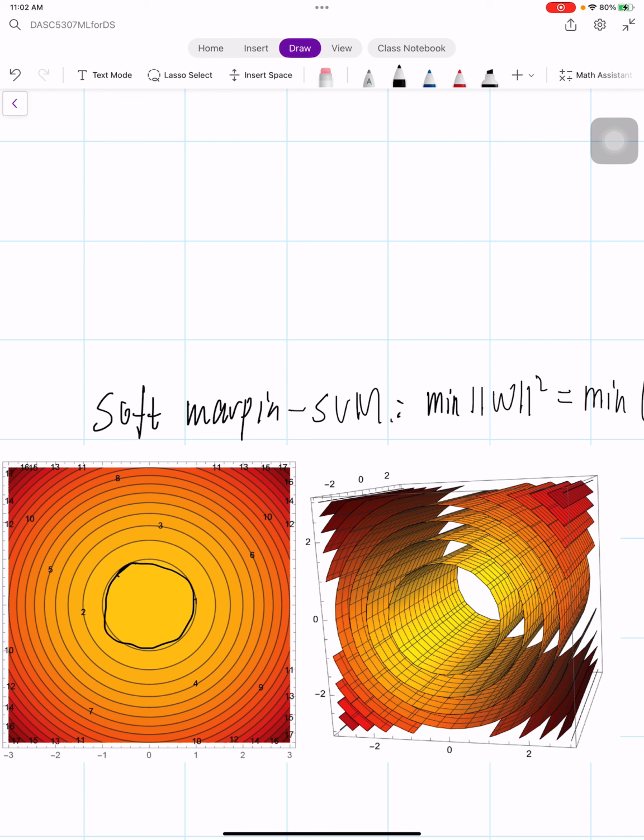In two dimensions, each constraint corresponds to a line. For example, if we have some constraints like this one, probably the solution will be on the contour line. We want to find a point tangent to a circle, and this will be our optimum solution.